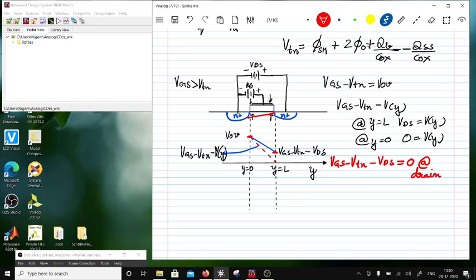So when this happens, this channel disappears. So it is no longer a pentagon. The channel, if I was to draw it here, would look like this. It has pinched off from the drain.